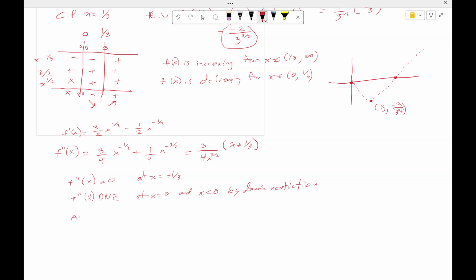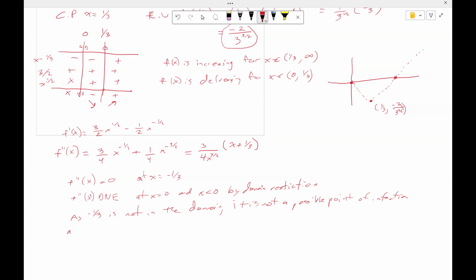But just be clear to reference that it's not in the domain. So as minus 1/3 is not in the domain, it is not a possible point of inflection.